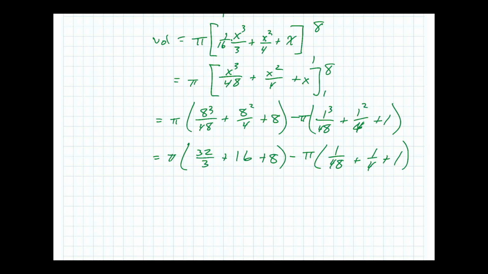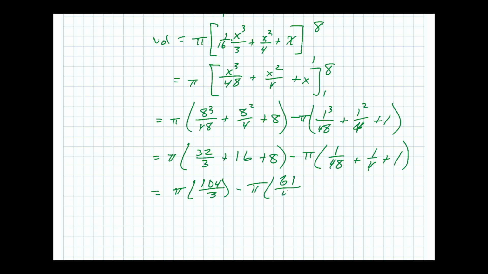Fractions. So I'm just going to type this into like Wolfram Alpha or something just to do the fractions real quick. I should have used a scientific calculator that does fractions. That would have been nice here. 32 over 3 plus 16 plus 8 is 104 over 3 minus pi 1 over 48. Oops. Plus 1/4 plus 1. 61 over 48, is that?